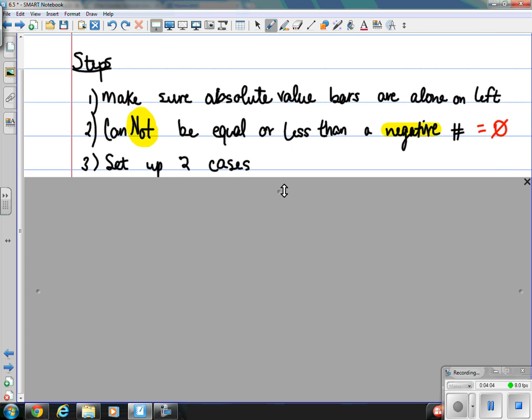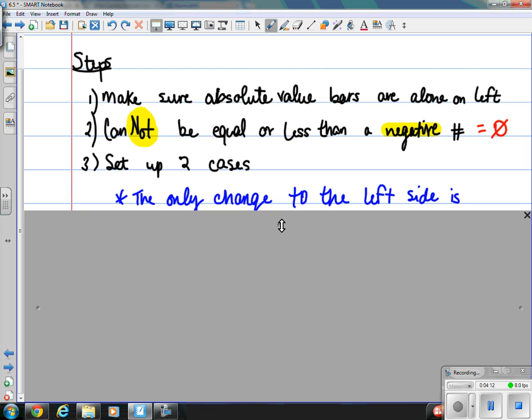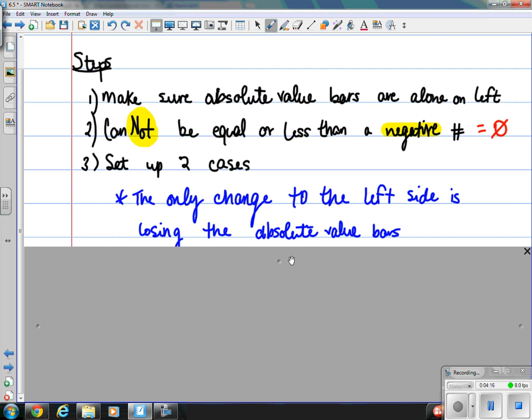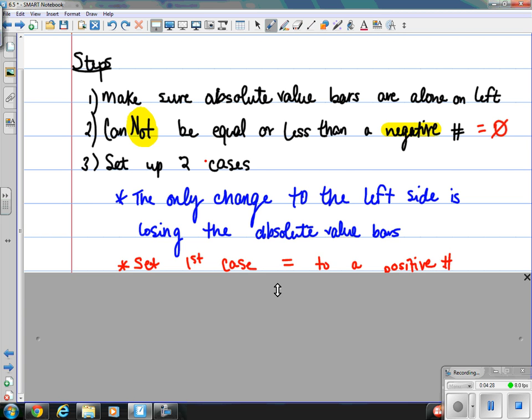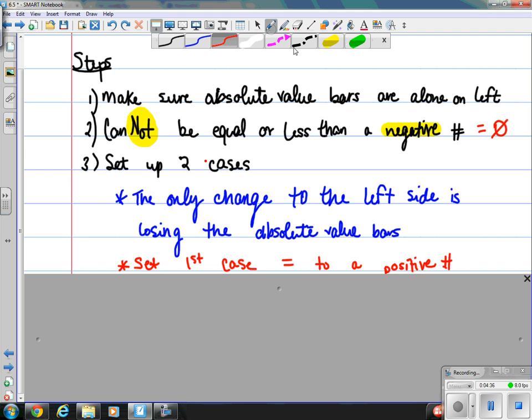Step 3, we set up two cases because like we said before, we have one that's positive, one that's negative. So for our first case, the only change to the left side is losing the absolute value bars. That's the only change we ever make to that left side. Then for our first case, we set it equal to a positive number. And here's just one quick reminder before I talk about case 2.